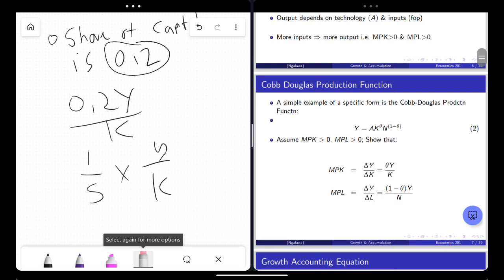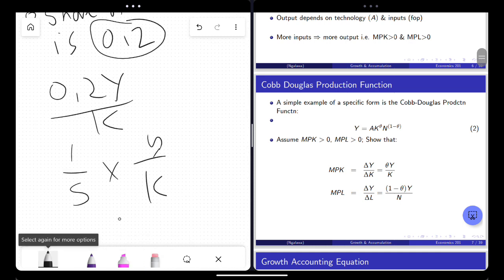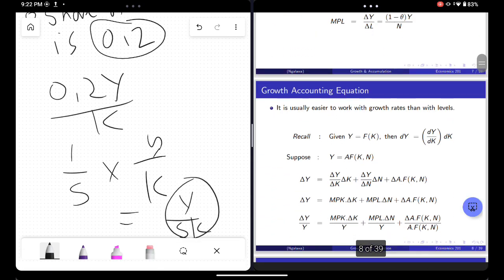So this is 0.2 times 1 over k, the same thing. And obviously, you simplify it more and you'll get y over 5k. In the MCQ, you'll see y over 5k, so you take that as your option.